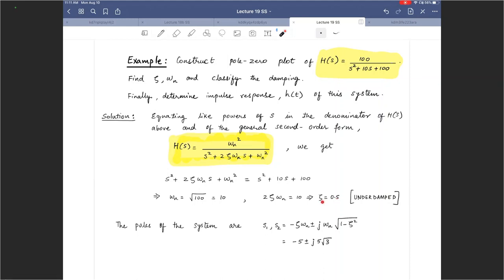When the damping factor is between 0 and 1, we know that's an underdamped case. We highlighted that in blue in the previous slide. Right? And the natural frequency over here is 10. And now because we know zeta and we know omega n, we know the two locations of the poles using the earlier result: minus 5 plus or minus j5 square root 3. That's going to be our two poles.